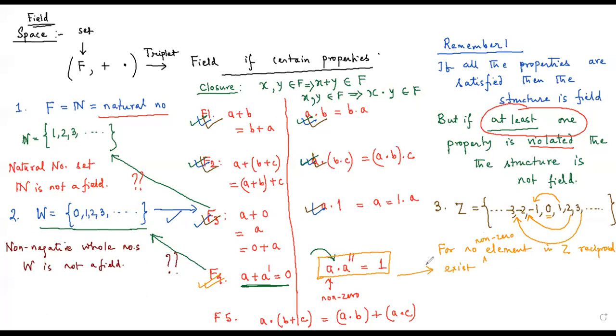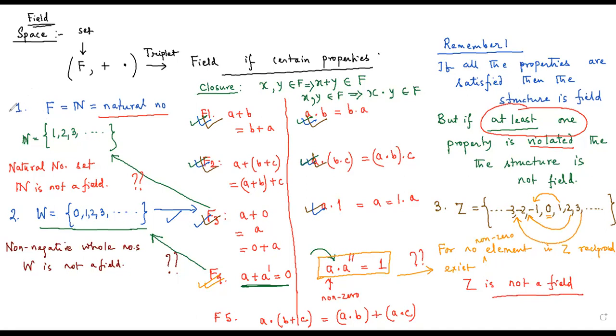So this is getting violated now. The multiplicative inverse is absent, and therefore Z is not a field. Z is not a field.